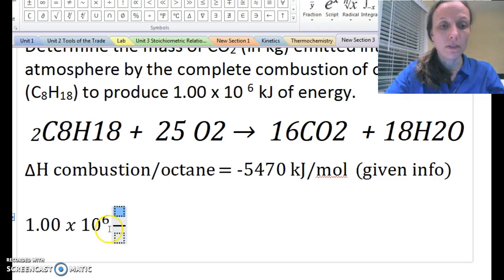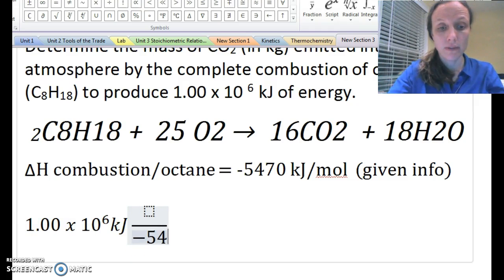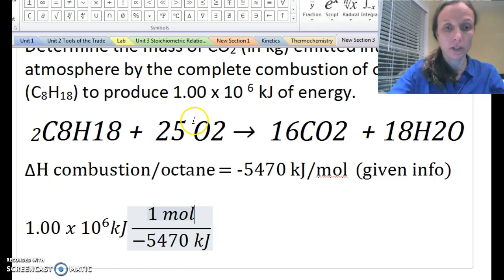Okay. Now think of this as a T-chart. This is going to be your kilojoules, right? And we know that we have a -4570 kilojoules per mole. So your 1 mole is going to go on top here.